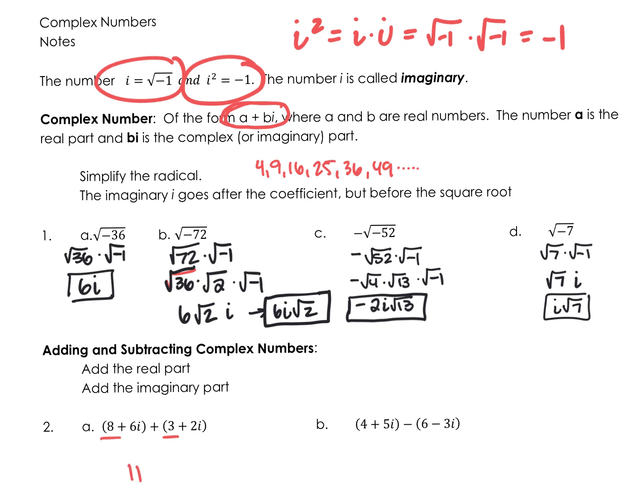So that'll give you 11. And then you're going to add 6i and 2i together. So that'll give you 8i, and that's a positive 8i, because those are like terms. If you had 6x and 2x, you would say that was 8x, right? So now you're just saying it's 8i, and then you're done.